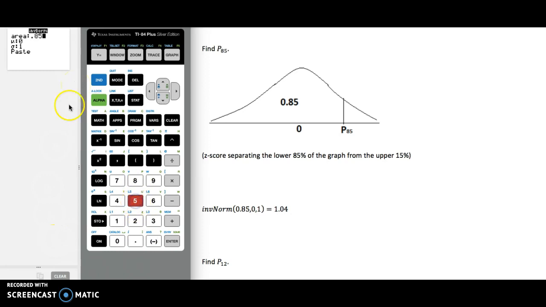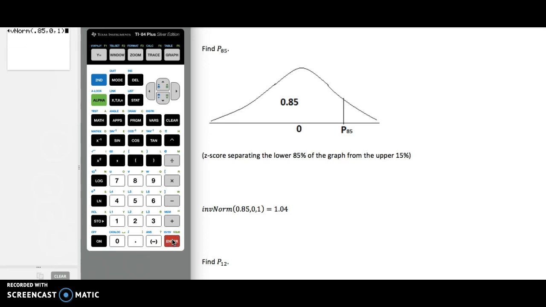And you should expect your z-score here to be positive because you have such a large majority of the graph below this number and it's on the right side, so this z-score is going to be positive. That's kind of one way to know that you maybe put in the wrong number if you get a negative answer. So 0 and 1, your mean and standard deviation.